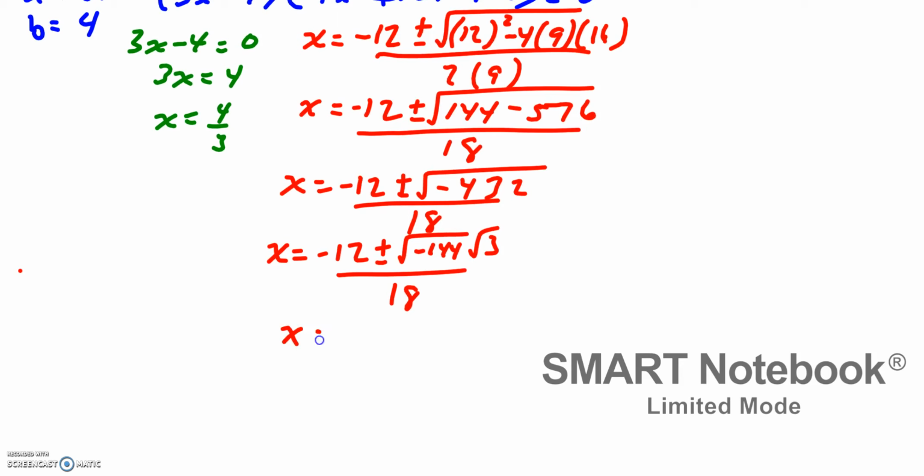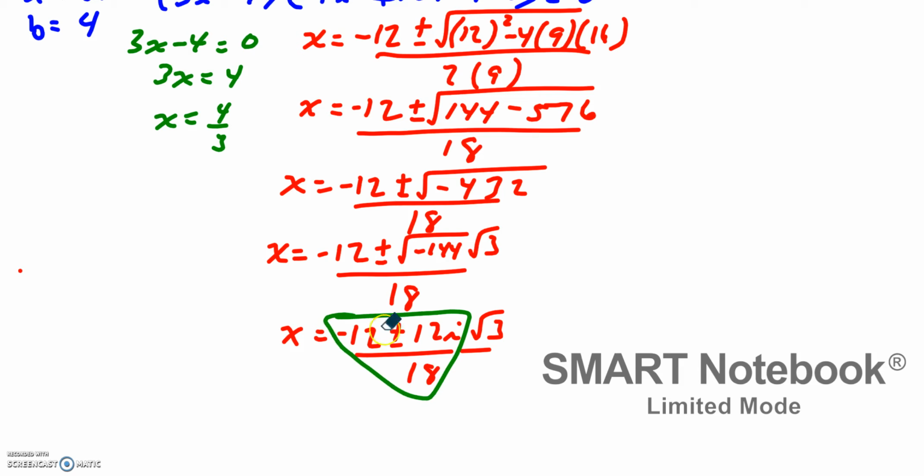So that would be x equals negative 12 plus or minus 12i root 3, since the square root of 144 is 12, but imaginary, all over 18. I now notice, now that I split the radical, I have this triangle of numbers that I can take a greatest common factor of. All of these are divisible by 6. So we'd have x equals negative 2 plus or minus 2i root 3, all over 3.